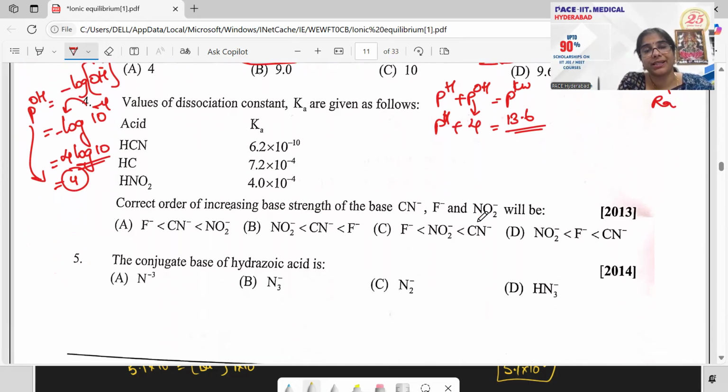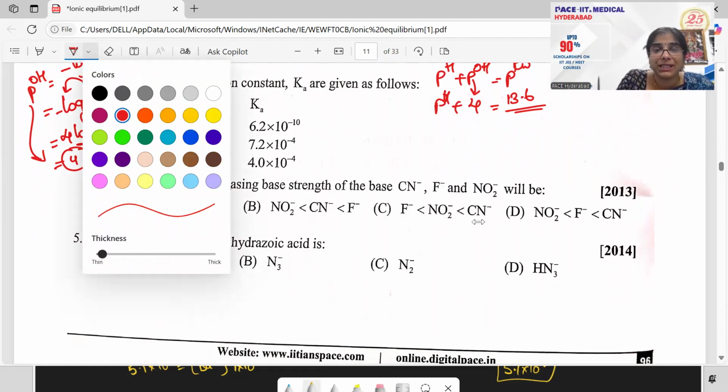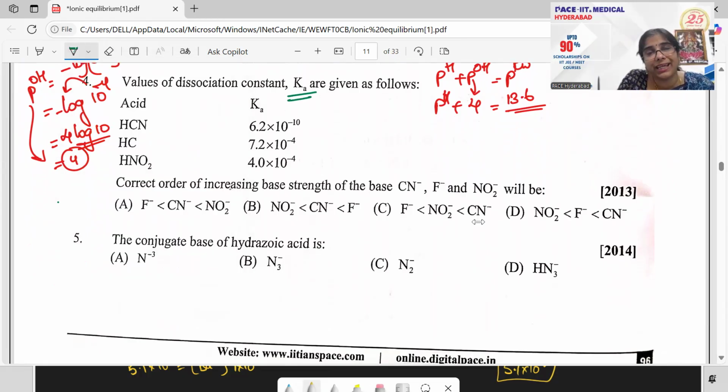Next, moving on with the next question. Values of the dissociation constant Ka are given to us, which means the more the Ka value, remember one thing, always Ka more means dissociation more, which means more acidic character. Remember this part, right? So Ka more, then more acidic character.